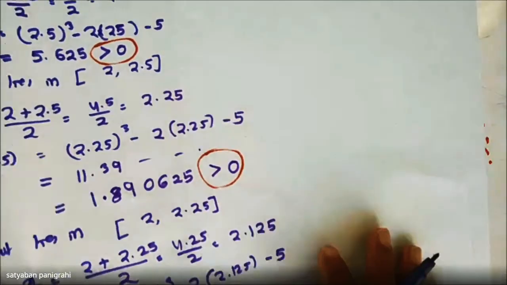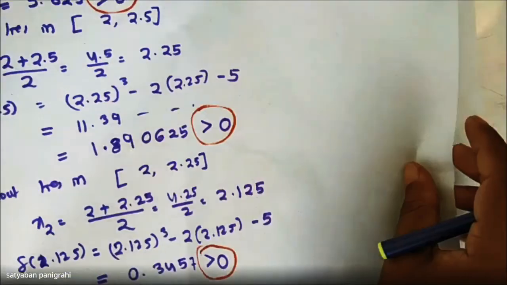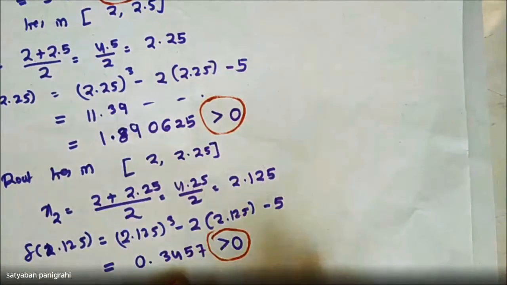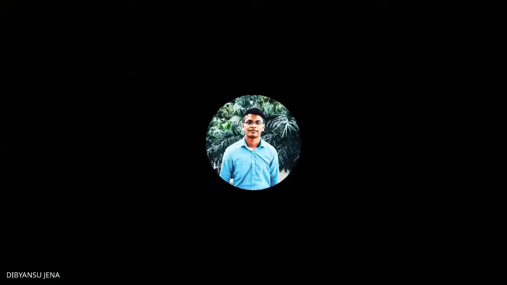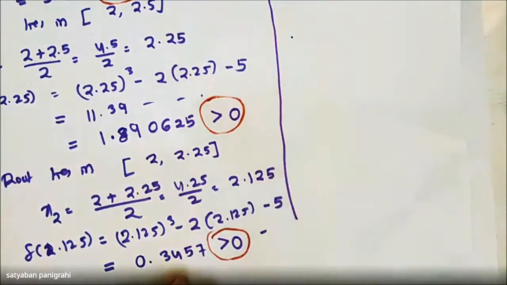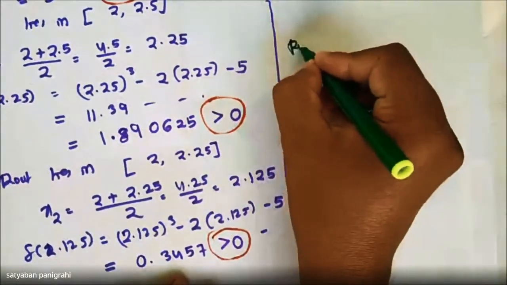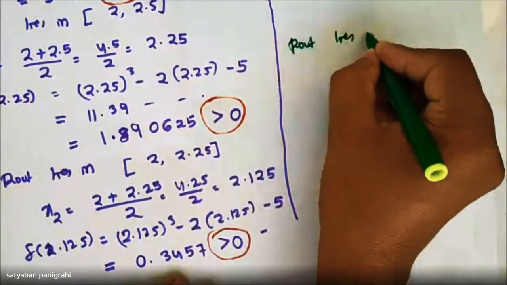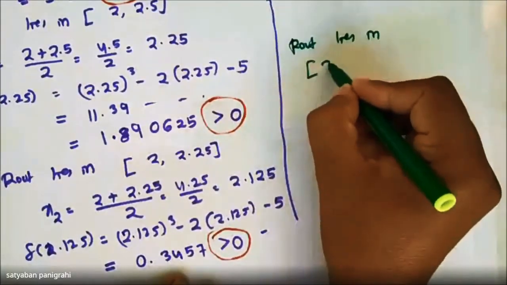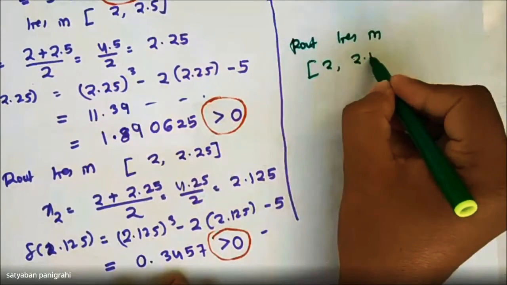Looking into this, what do you say, from 2 to 2.125. Then you say the root lies in 2 to 2.125.